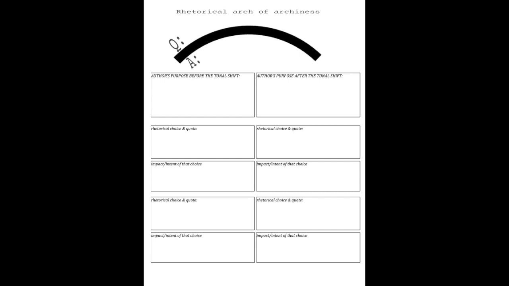So for this chart, at least, what you're doing is you're recognizing choices to accomplish the purpose. So you would be like, in that box, here's repetition, and here's a quote for repetition, and what do I think that repetition was meant to do to accomplish the purpose of the author.